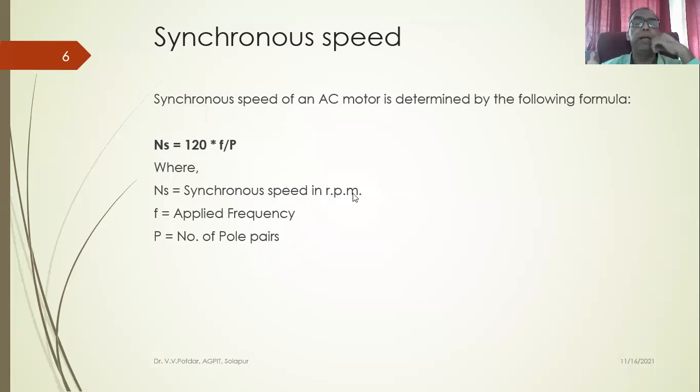The synchronous speed of an AC motor is determined by the following formula. NS, the synchronous speed in RPM, is 120 into F by P. F is supply frequency or applied frequency, and P is number of pole pairs. Right?